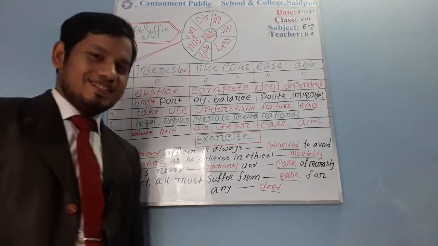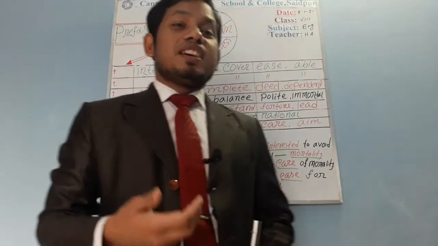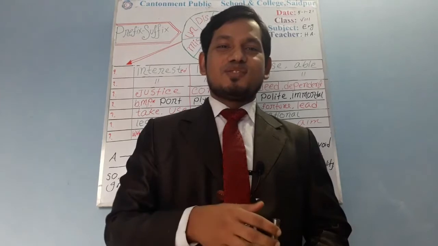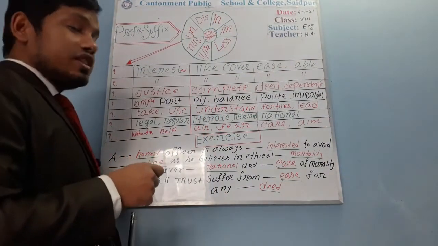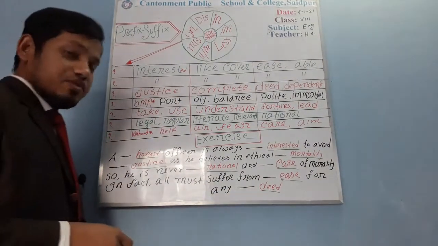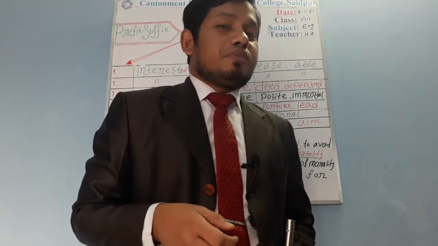interested. Actually, learners, you might think we can use any prefix before a particular word, but that isn't correct. Actually, there is no particular rule here in English grammar or the English language, but you should keep in mind the common practice.